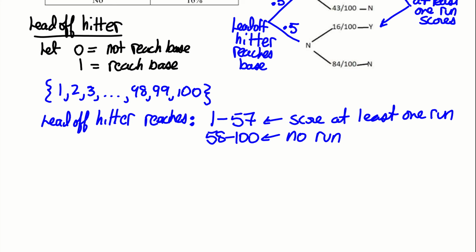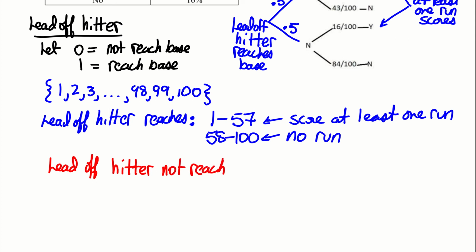So the other possibility is that the leadoff hitter did not reach base. I'll make a note of that in a different color. N stands for not. Yes, exactly, sorry about that. Leadoff hitter not reach.